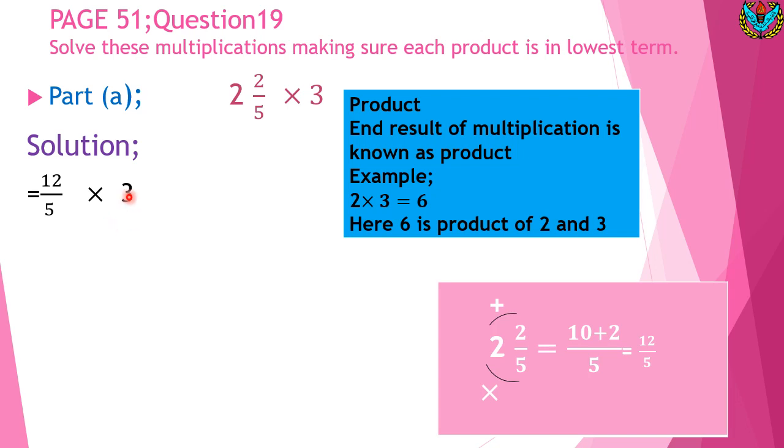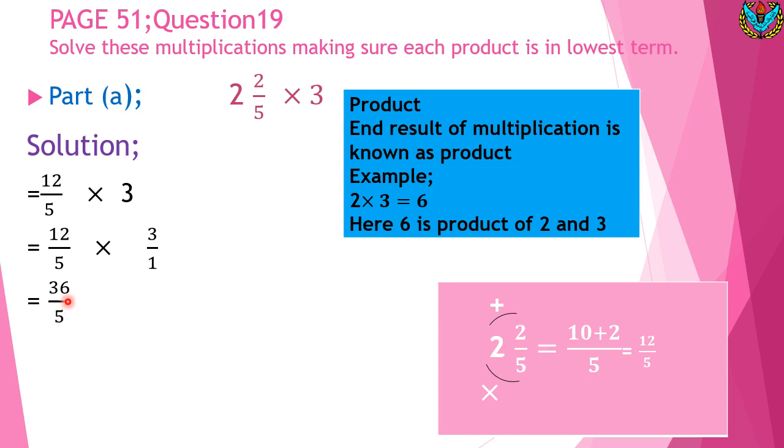Now this 3 is a whole number. We can convert this whole number into a fraction: 12 by 5 multiplied by 3 by 1. Easily we can do multiplication now: numerator by numerator and denominator by denominator. 12 times 3 is 36, 5 times 1 is 5.